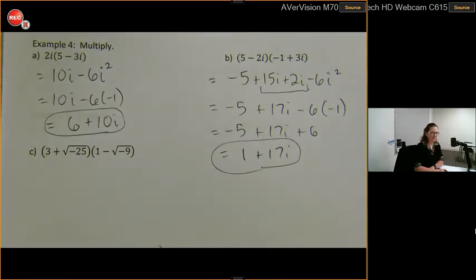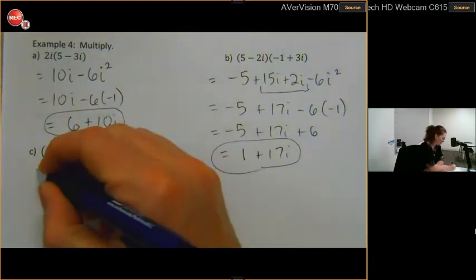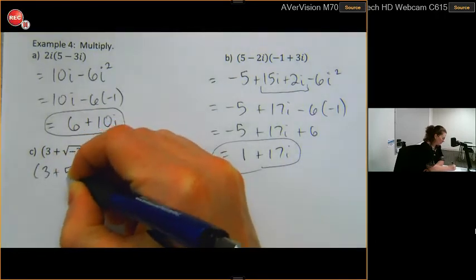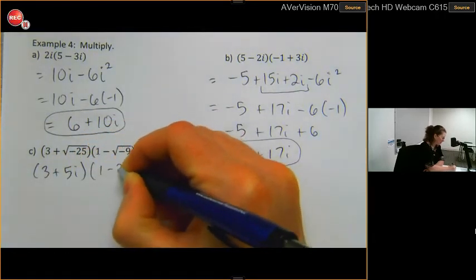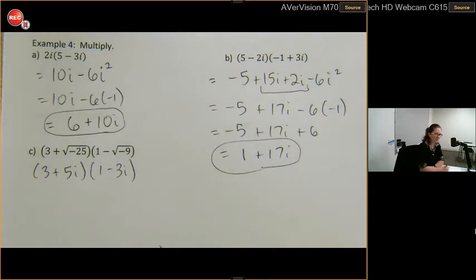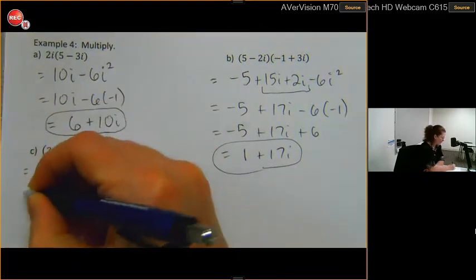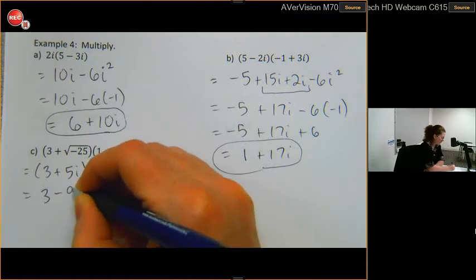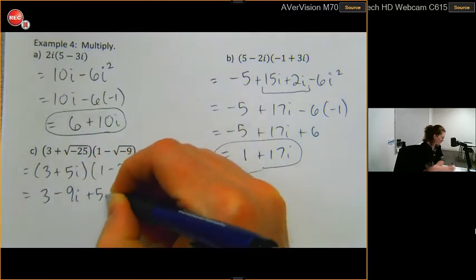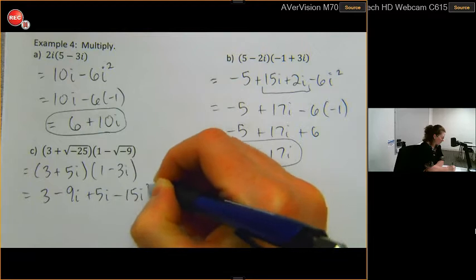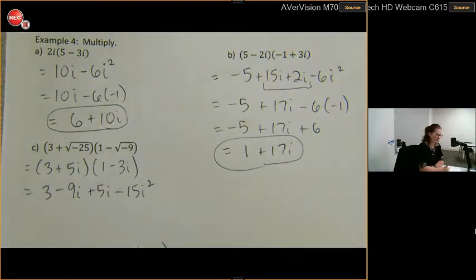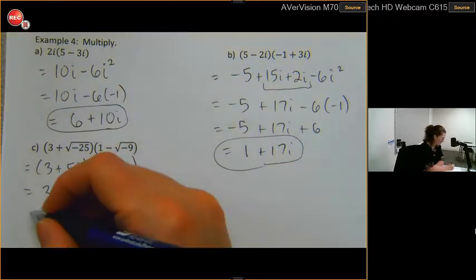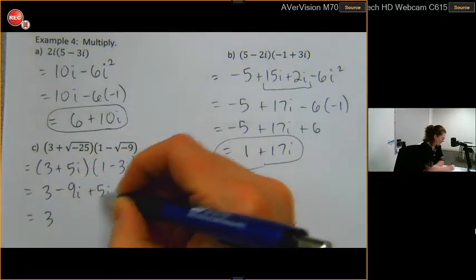Letter E, before I FOIL, I'm going to change those radicals into 5i and 3i, and then FOIL. And finish it out like we did on part B. Combine like terms.